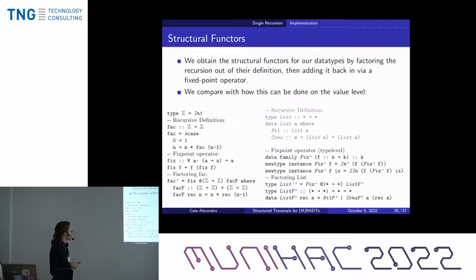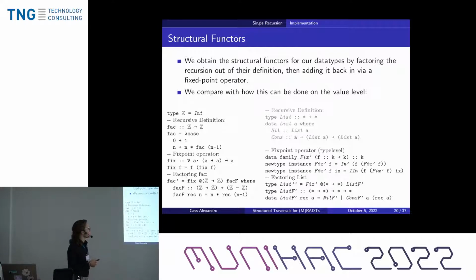The way that we can factor out recursion for factorial is to give it an extra argument, which is the thing that should be called recursively, and put that in the place where the recursion happens in the original definition. And then if we fix this, it'll always get itself passed as the thing to call in the recursive position.